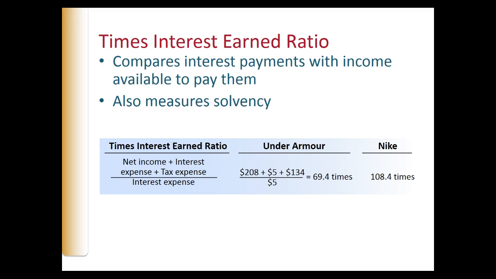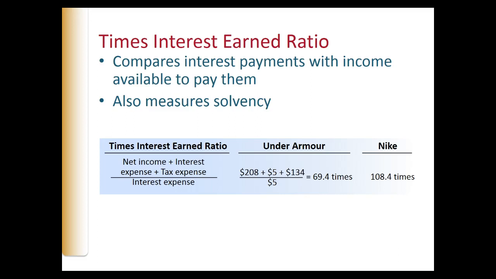Now, we use the times interest earned ratio to compare interest payments with the company's income available to pay those charges. Interest payments are more often associated with long-term liabilities than with current liabilities, such as wages, taxes, and utilities. We calculate the times interest earned ratio by dividing net income before interest expense and income taxes by interest expense.